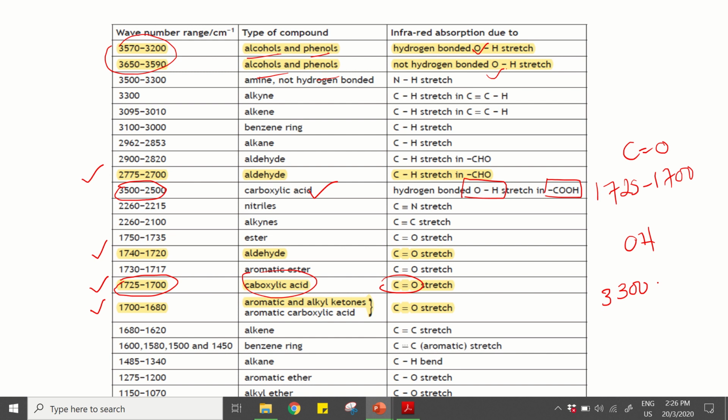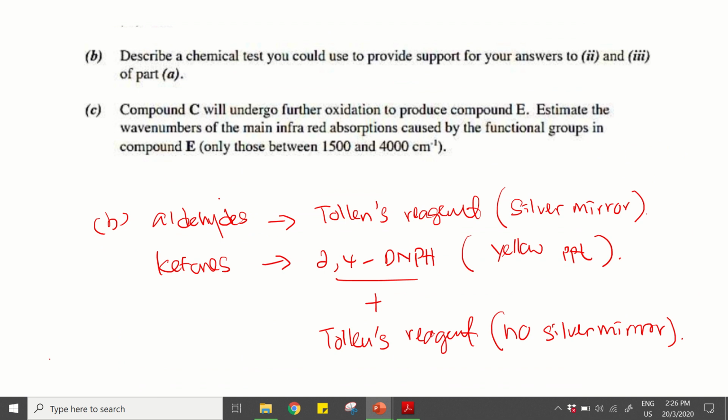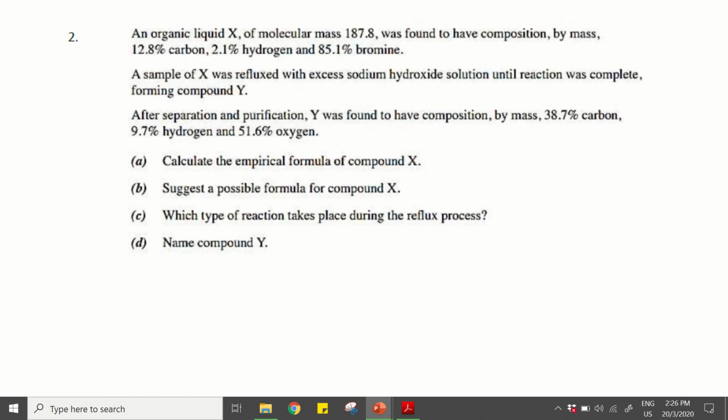It should be 3,500 to 2,500, and that's for your OH. Okay, that's for C double bond O. So these two peaks should appear for your compound E here. Okay, so two absorptions to indicate the presence of carboxylic acid. All right, let's move on.